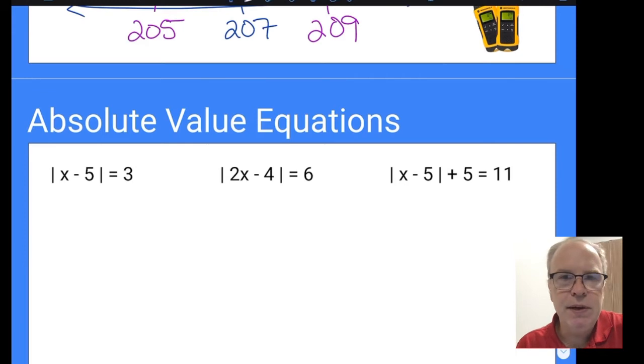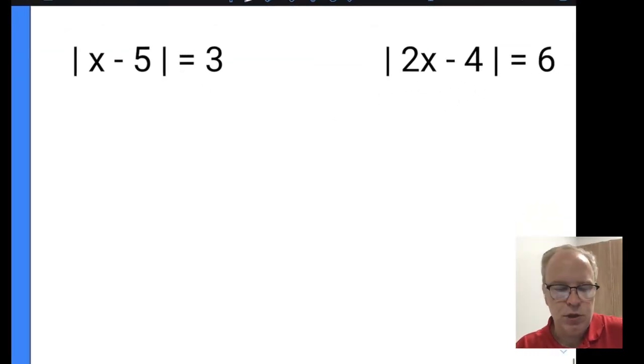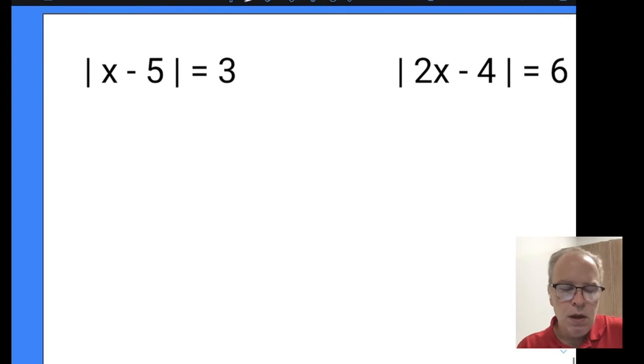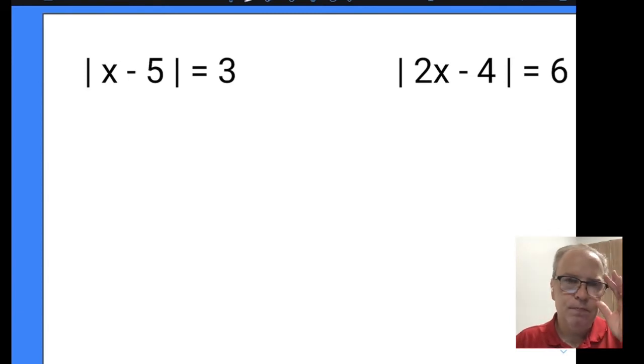So here we have 3 examples. I'm going to zoom in on this first one so that we can focus on it for now. The absolute value of x minus 5, that difference needs to be 3. There's a way to do these, but I also want you to understand why we're doing it, of course.